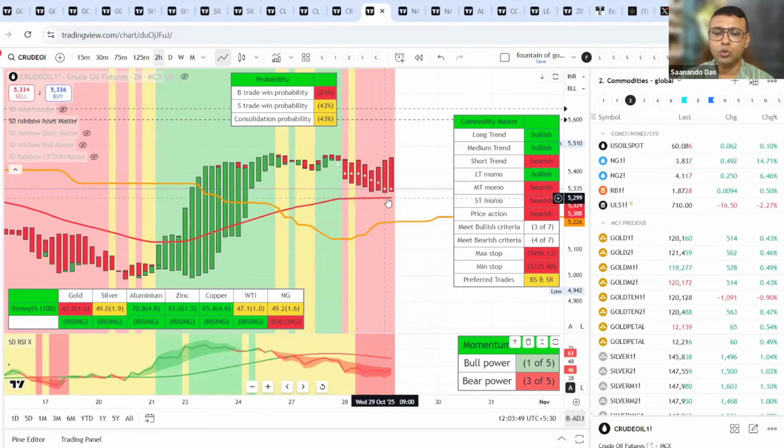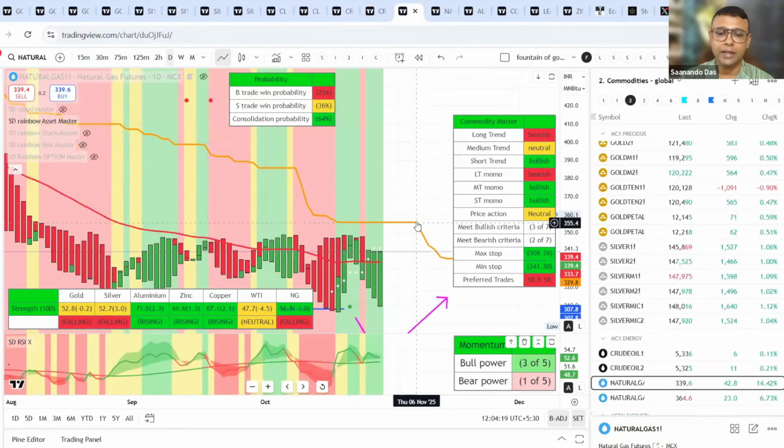It came close to the support line. I can see 7 factors are bearish, only 3 factors are bullish. So in my view, it is my outlook, I'll stay more on the sideline for now in crude oil and wait out more decisive price action where risk will be relatively lower.